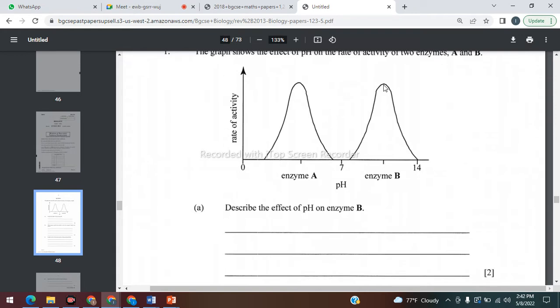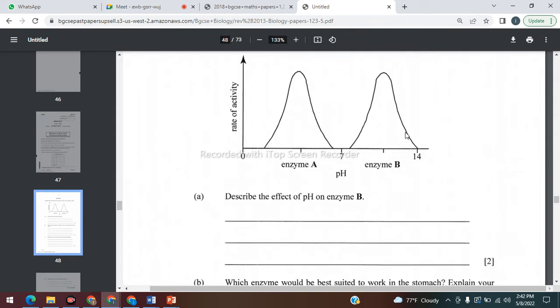After that maximum rate of activity, if you increase the pH, then the enzyme activity actually lowers, right?